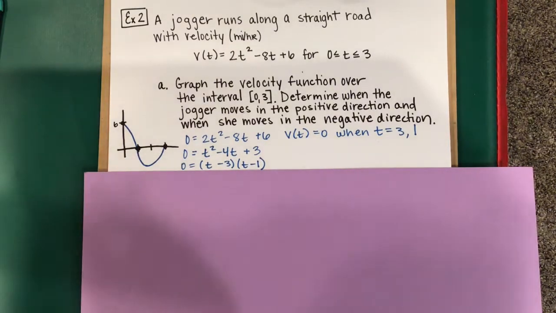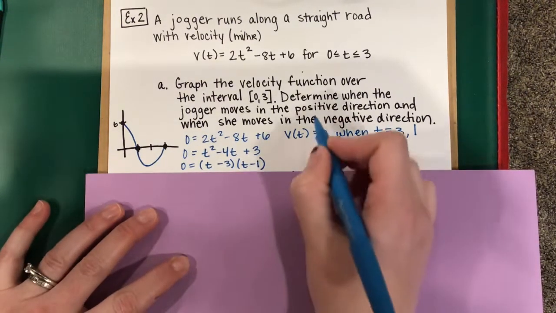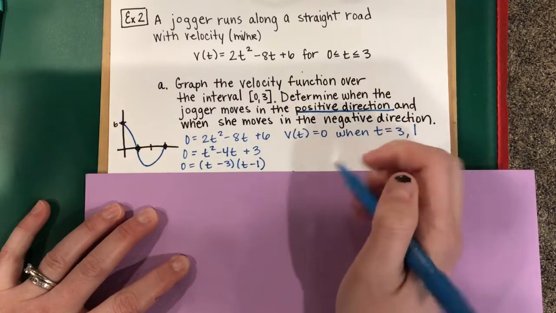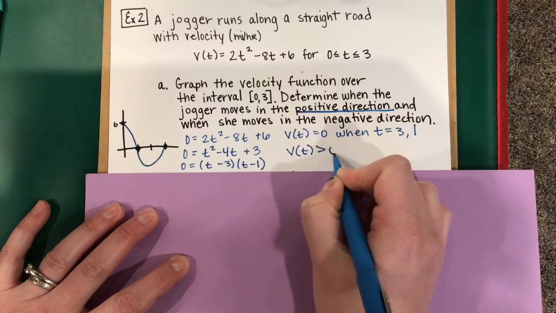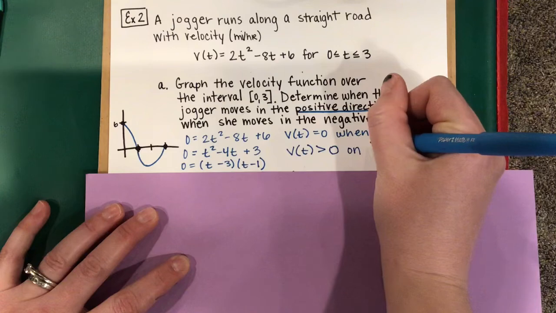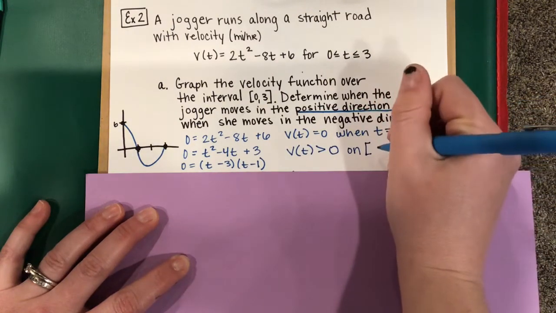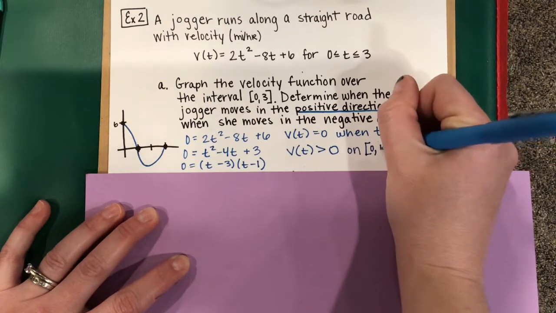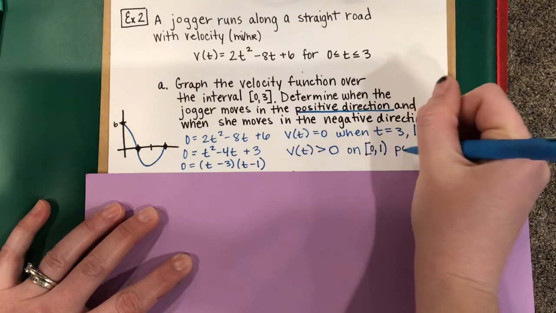Now, the question says, determine when the jogger moves in a positive direction and when she moves in a negative direction. Well, she's going to move in a positive direction when v of t is greater than 0, and it's greater than 0 on our interval from 0 to 1. So that's for our positive direction.